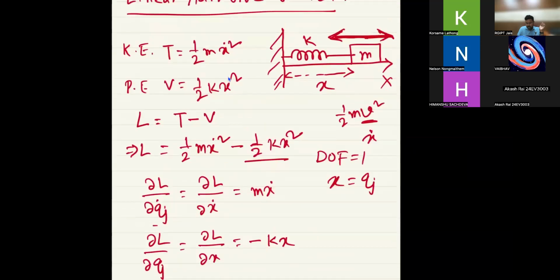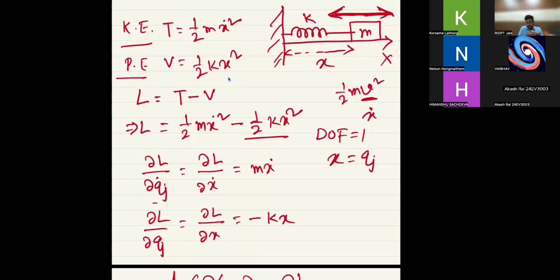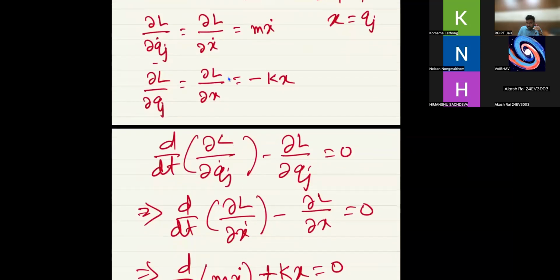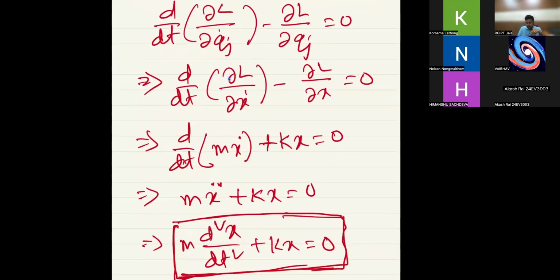So whenever someone asks you to do this derivation or solve a problem using Lagrange's method, you have to find the potential energy and the kinetic energy in terms of the generalized coordinate. Then you write down the Lagrangian as T minus V, and then you apply Lagrange's equation of motion to get to this problem.